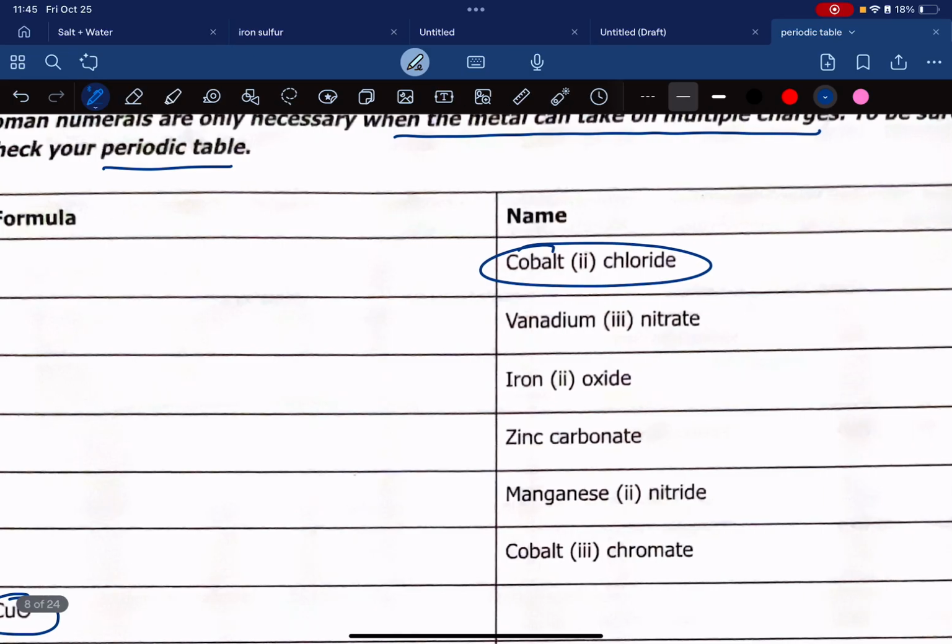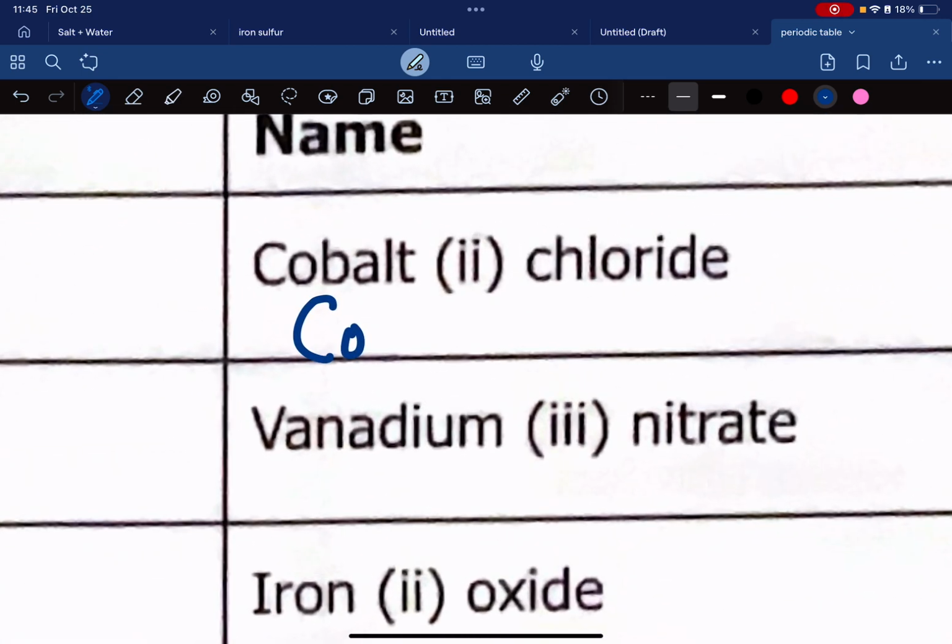So cobalt 2 chloride, I know that cobalt is Co. And if I don't know that, I can take the time and find it on my periodic table, because that's what you're going to have to do on the quiz. And I'm being told straight up that cobalt has a 2+ charge. On my periodic table, cobalt has several possibilities, but here I know that I'm working with just the cobalt 2 ion. Chloride never changes.